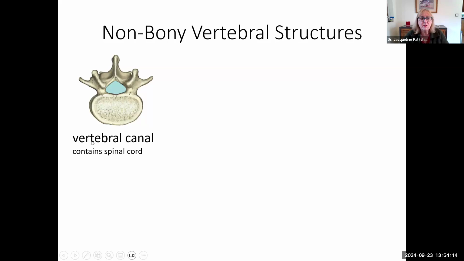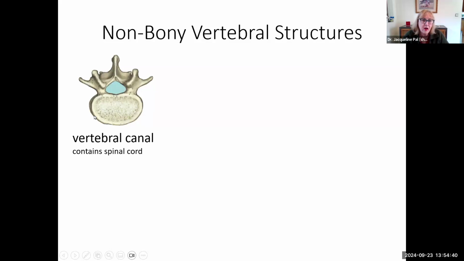This whole area is known as the vertebral canal. So this vertebral canal is important to know, and this is the area that contains the spinal cord. So it's about the size of one of your biggest fingers, your index finger or your middle finger, that would fit into your vertebral canal space for your vertebrae.